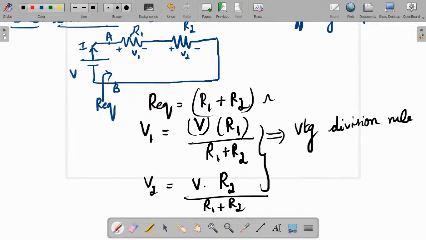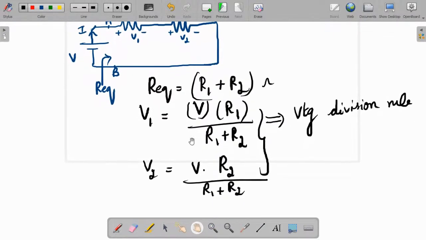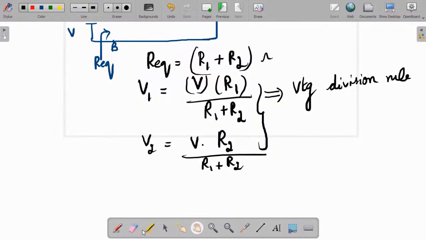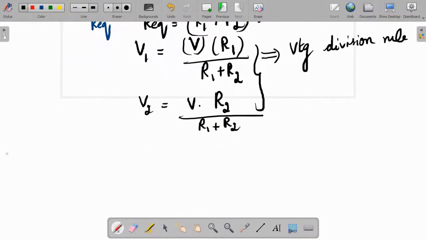Okay, so next, inductors are similar. If you are connecting n number of inductors in series, the formula remains the same.